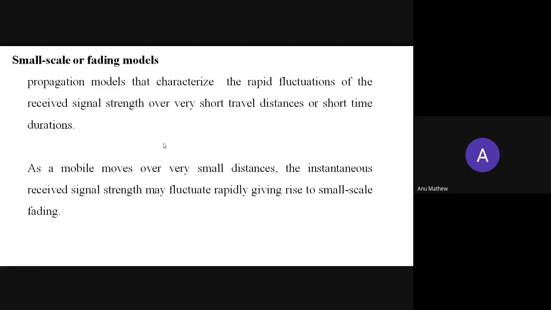It is also known as a fading model, and it is used when the transmitter and receiver are placed at a small distance, or the mobile station travels a short distance in a short time. As a mobile moves over very small distances, the instantaneous received signal strength may fluctuate rapidly, giving rise to small scale fading.